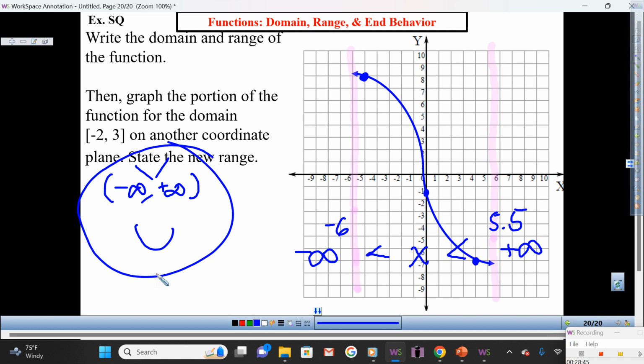Talk it with your neighbor and let them know what portion you are going to graph on the new coordinate plane. What portion are you going to graph on the new coordinate plane? They're asking you to graph the portion of that function with the domain from -2 to 3. -2 to 3.